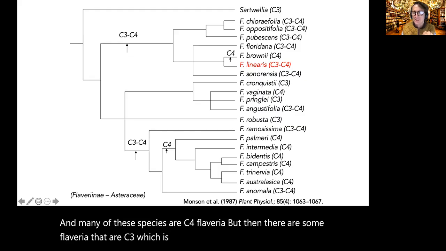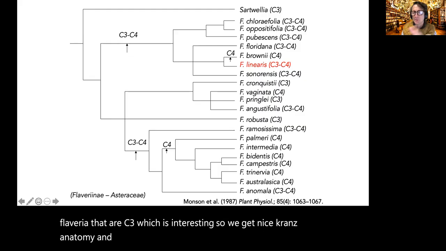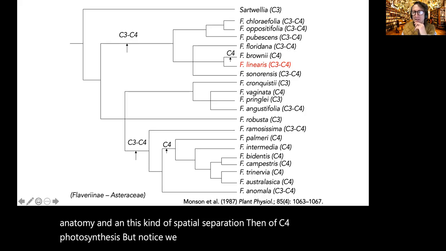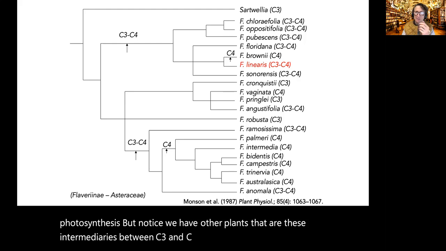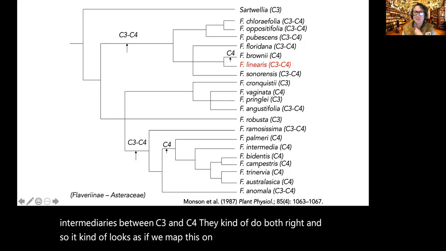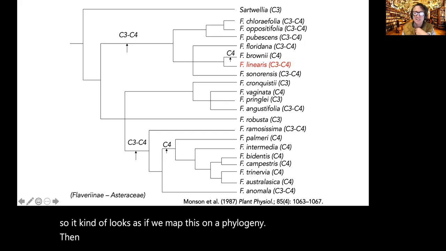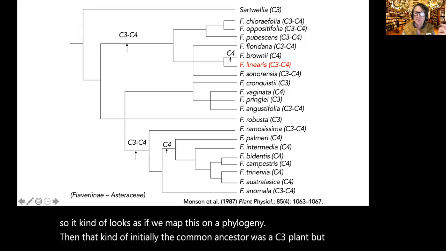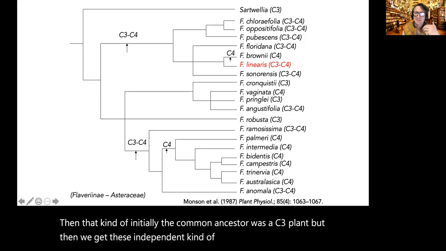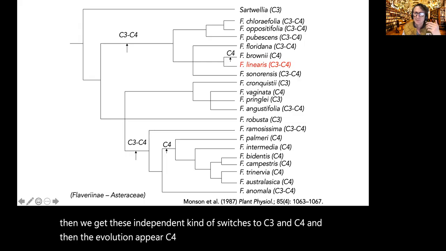So we get nice Kranz anatomy and this spatial separation of their C4 photosynthesis. But notice we have other plants that are these intermediaries between C3 and C4. They kind of do both, right? And so it looks as if, when we map this on a phylogeny, initially the common ancestor was a C3 plant, but then we get these independent switches to C3-C4 intermediates, and then the evolution of pure C4 photosynthesis independently.